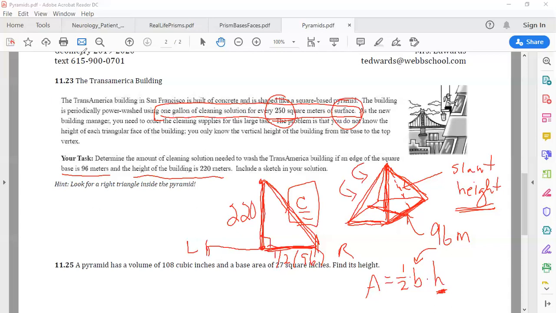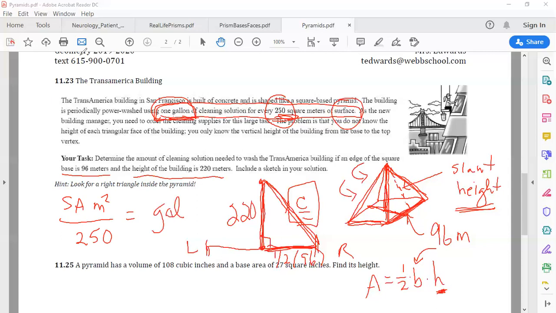For every 250 square meters of surface, we use 1 gallon of cleaning solution. So once you have your surface area, and that's going to be in meters squared, then you're going to divide that by 250 meters squared to get gallons.